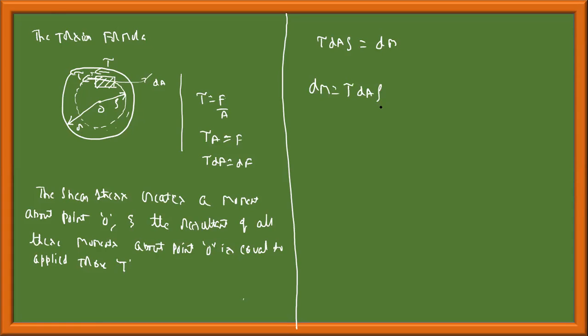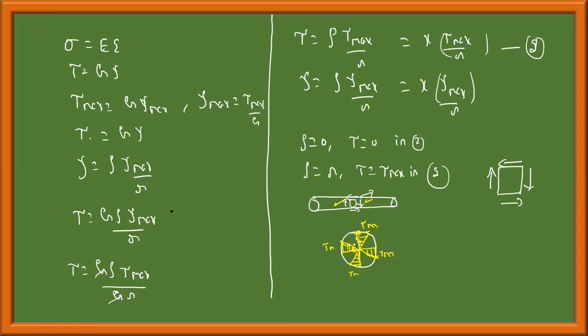Now I'll replace tau, which we expressed as rho into tau max by r.